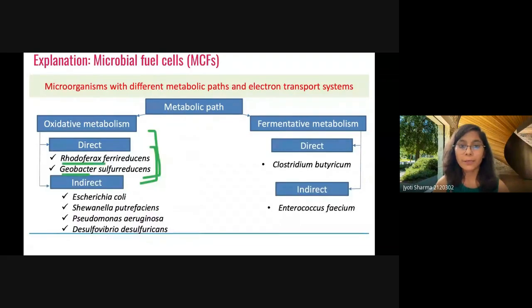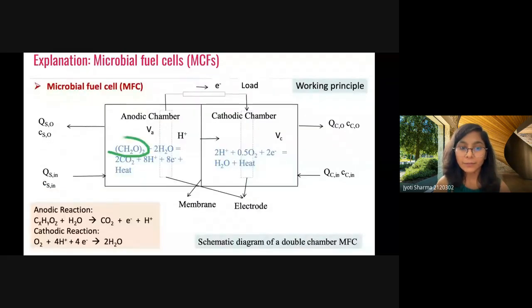Now, I have already shown you that this is your organic matter, and then using the microorganism we will have some protons and we will have the electrons. This electron will be transferred to the anode and to the cathode, right?